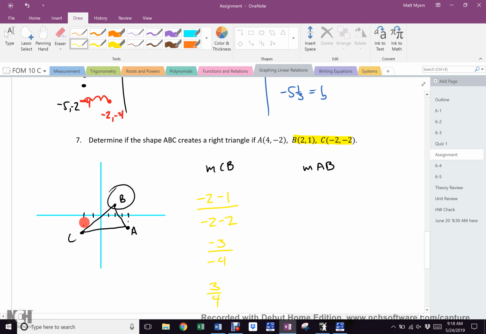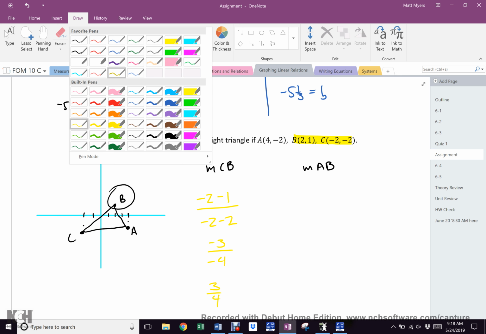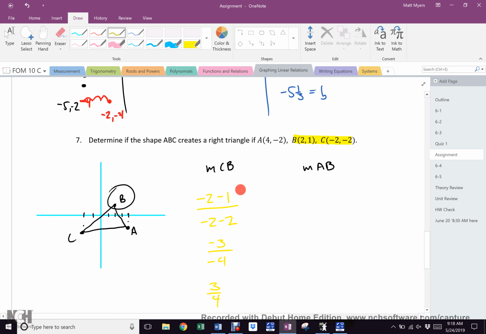Now, Sam said, wouldn't it be better if, and then I interrupted him. But that's okay, because now I'm giving Sam the floor. Go. Would it be better to make the negatives the other x and y so that we can make them positive? So I'll change it slightly: 1 plus 2 over 2 plus 2.